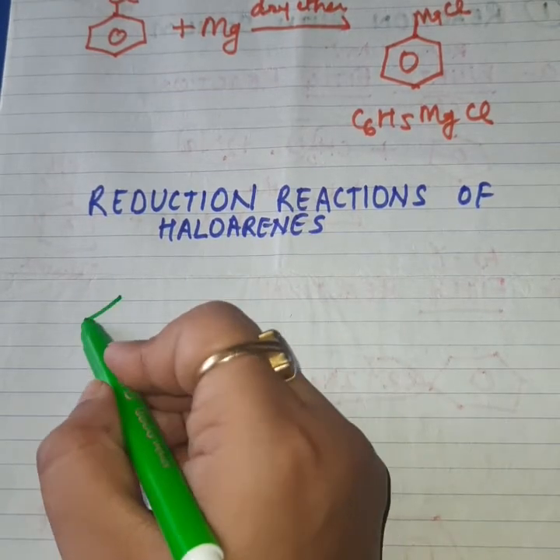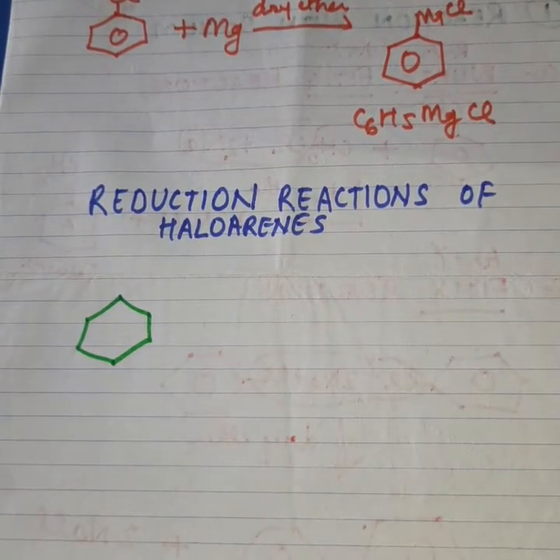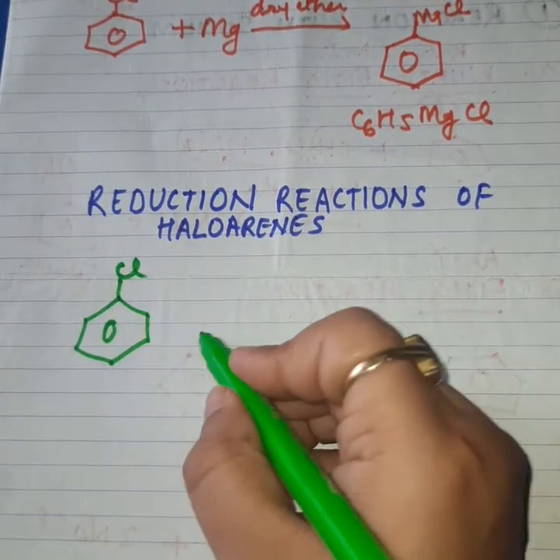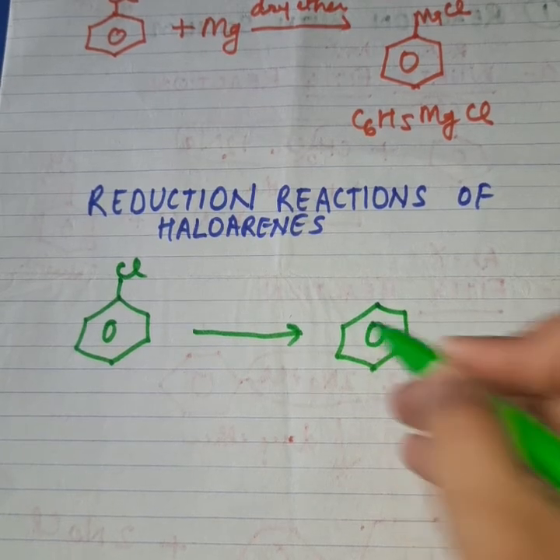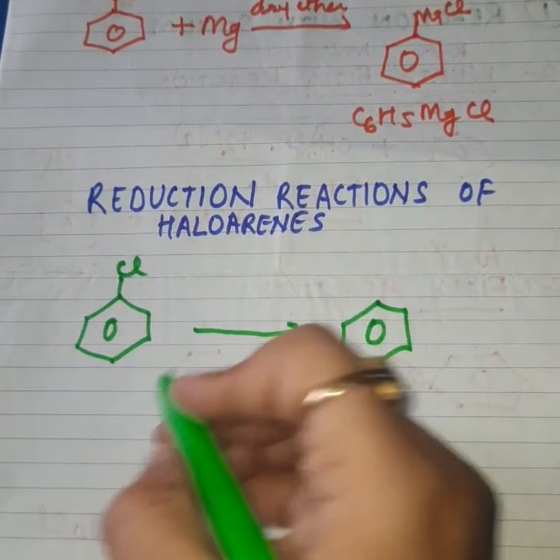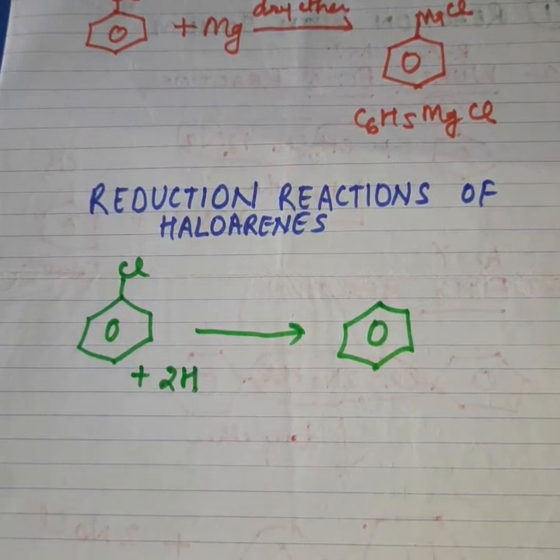Now, dear students, let's see one more reaction of the haloarenes, that is their reduction reactions. All haloarenes can be reduced to their respective aromatic hydrocarbon, means chlorobenzene to benzene. This reduction is brought about by a reducing agent.